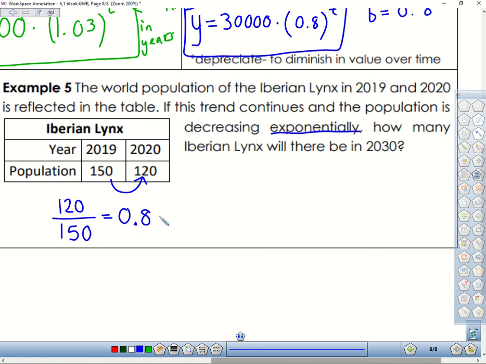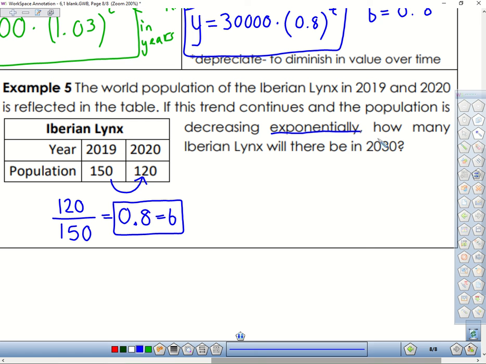That would be your common ratio, which is also known as your B value, right? So that's your trend. The population's going down by 0.8 each time. It's actually decreasing by 20% every time, leaving us with only 0.8 of the population left.